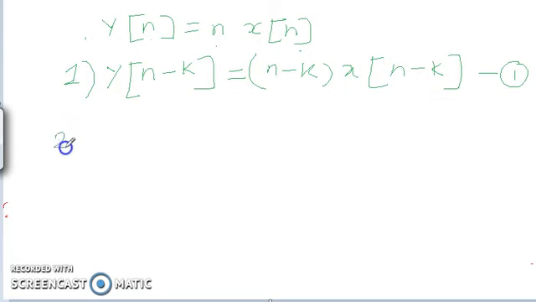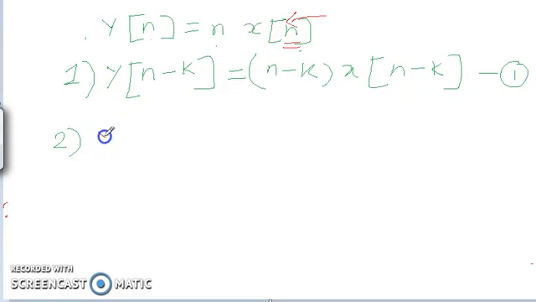Now, in the second step, what are we going to do? We are going to replace or delay only the sequence of the input x.